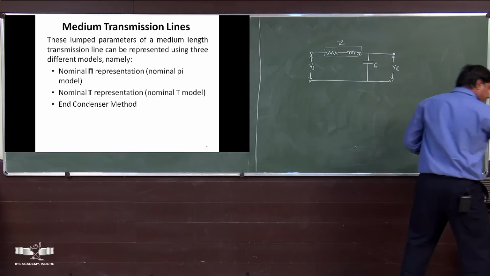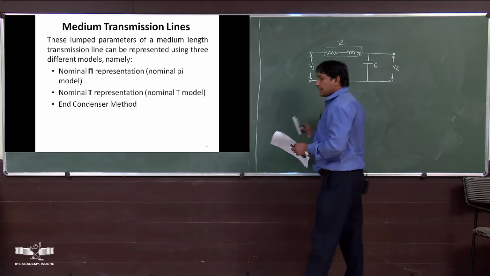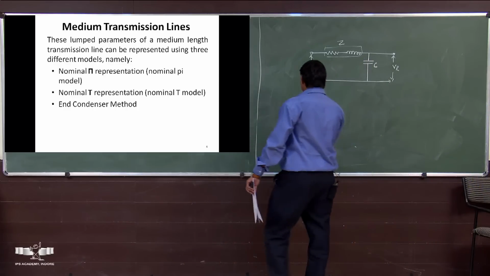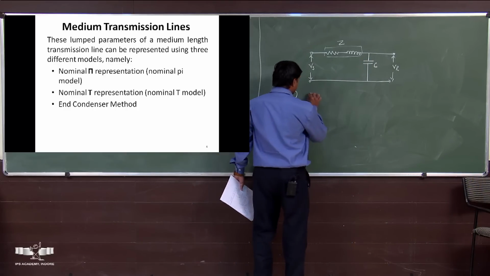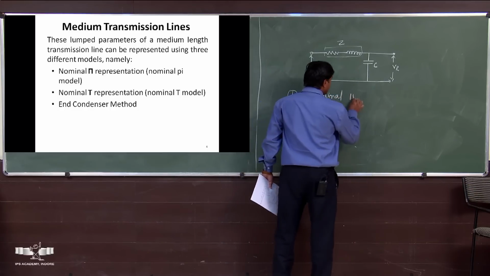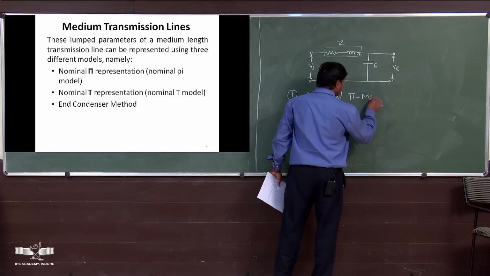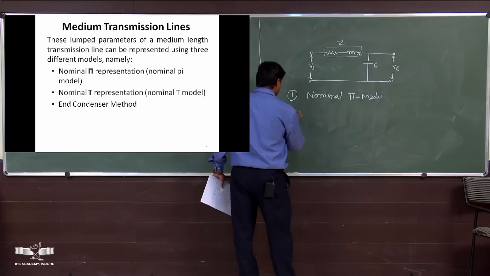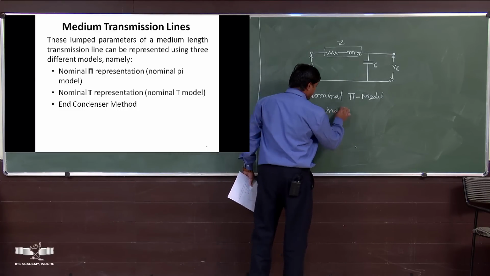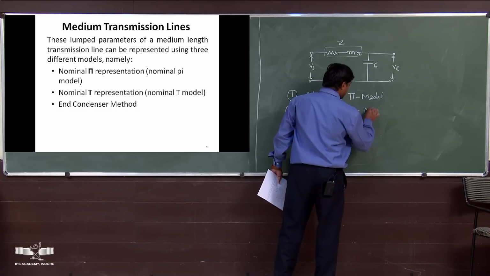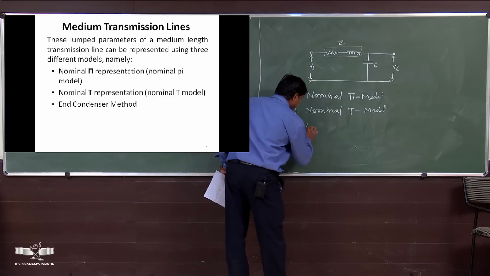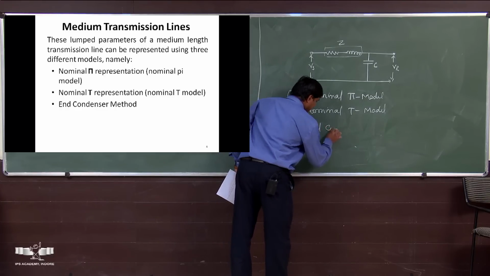So, the medium transmission line can be modeled in three ways: the nominal pi method, the nominal T method, and the end condenser method.